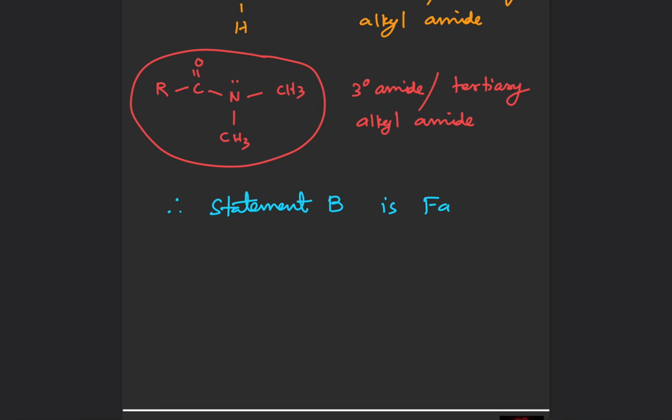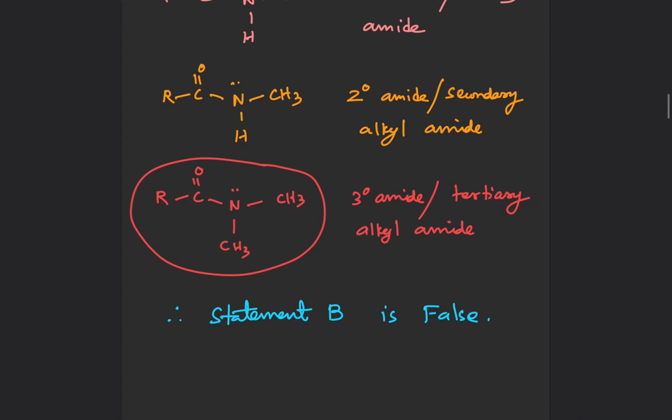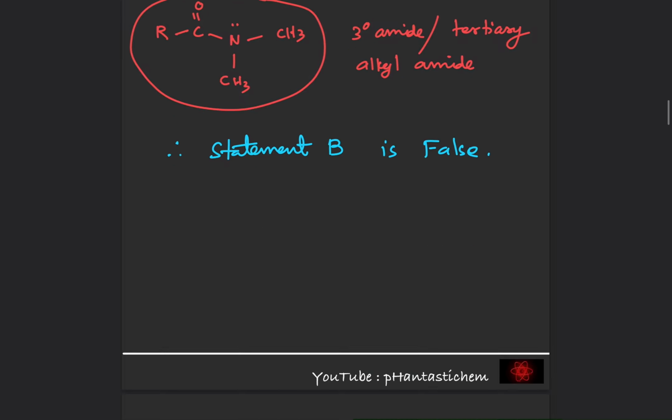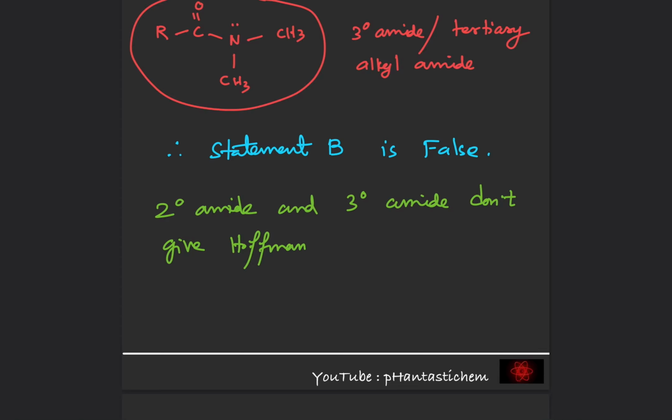And regarding statement D, which says that secondary amide on reaction with Br2 and NaOH will give secondary amide, it is false, because secondary amide and tertiary amide, that is these two guys, don't give Hoffmann bromamide reaction. Very important.